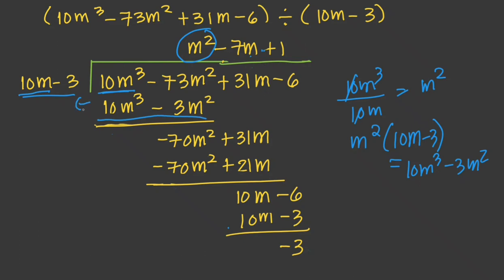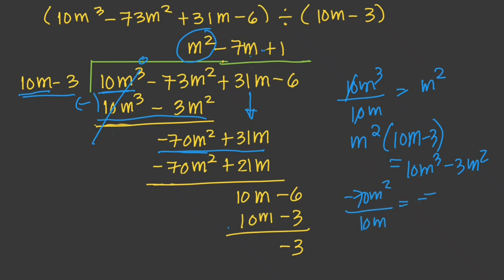Then we subtract. This would be 0. Negative 73m squared minus negative 3m squared would be negative 70m squared. And then we bring down 31m. Okay, and we have negative 70m squared plus 31m. Then we do the same thing, negative 70m squared divided by 10m.